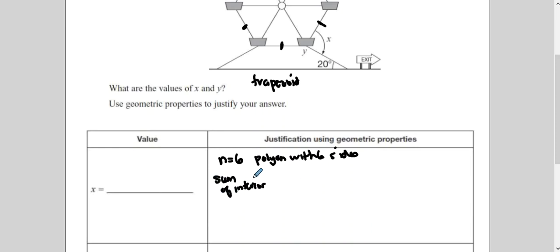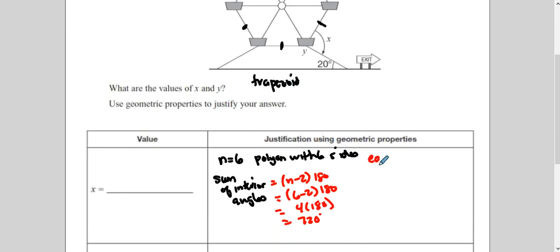How did we do that in my last lesson? We knew that was n minus 2 times 180. So remember, we had 6 sides. That changed it to 4 triangles. I can put that together. That was 720.